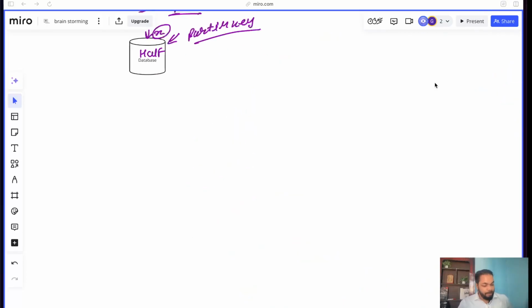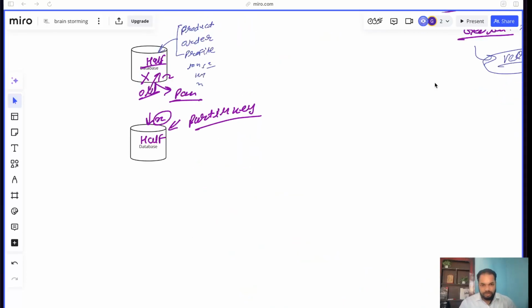Okay, so up until now we know that whenever you partition horizontally, you divide the set of rows into separate partitions based on the partition key. That's okay. But what are the methods to select the partition key?